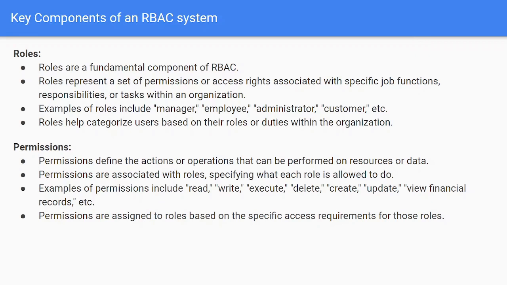So when you combine these permissions and give it a title, you understand, that's a role. You get it. So just imagine as an administrator, you can perform almost everything in an organization. You understand? So that is your role. Then if you are an HR personnel and come to the organization, you can view financial records, you can view the employees' payroll, you can view so many things, you can edit some things, but there are some you cannot do, like execute an application, because you are HR, you understand?